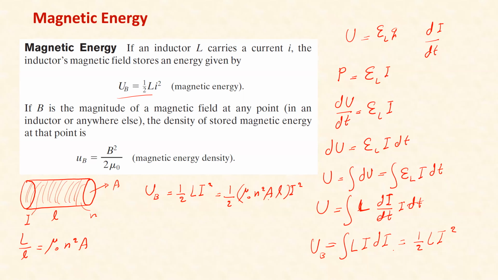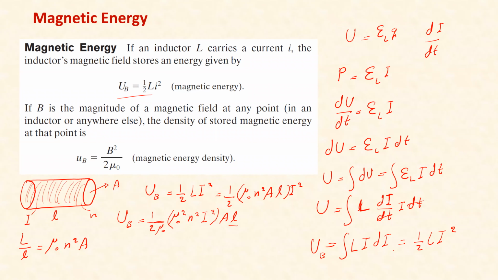And now UB becomes 1/2. I multiply this by mu naught and divide by mu naught. So it becomes 1/2 mu naught, then mu naught squared, n squared, I squared, times A times l, right? So this is the total energy of this solenoid in the length l.